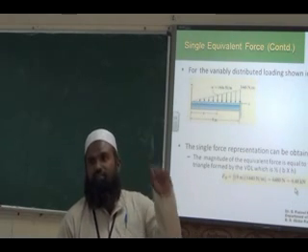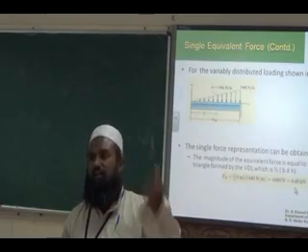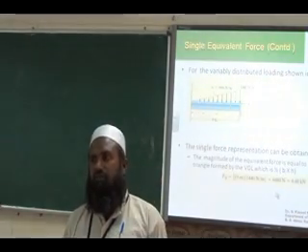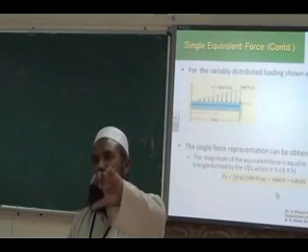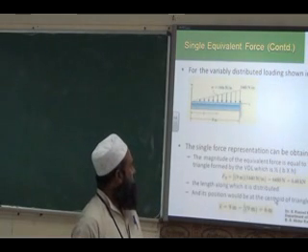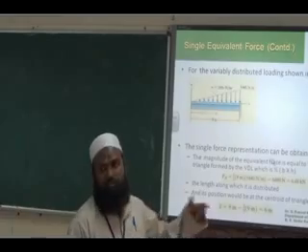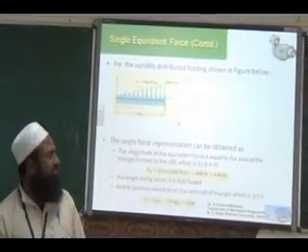and it will be acting at the centroid of the triangle. We will see about the centroid in detail in our next unit. The centroid is where your load is concentrated: center of gravity, or centroid, center of mass. The centroid of the triangle is 1/3 of h from the base.